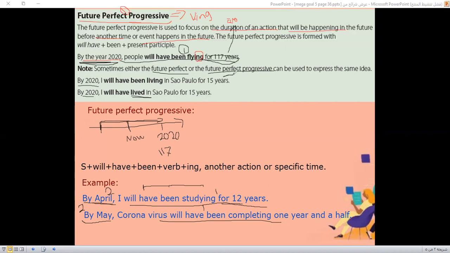This is a little bit tricky because of the verb live. The verb live is a difficult verb. That's why they use it in the future perfect and the future perfect progressive. Okay, but it's not included with us in the exam. I'm going to give you examples that are very clear, whether they are perfect progressive or future perfect only.